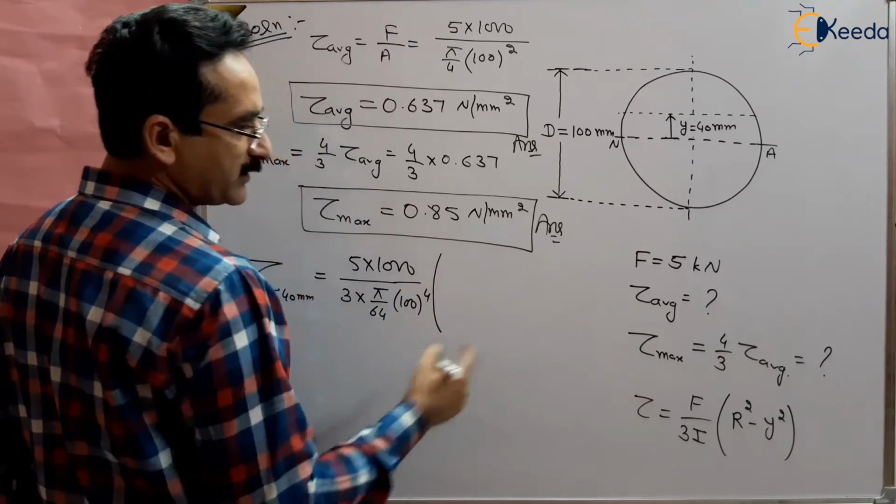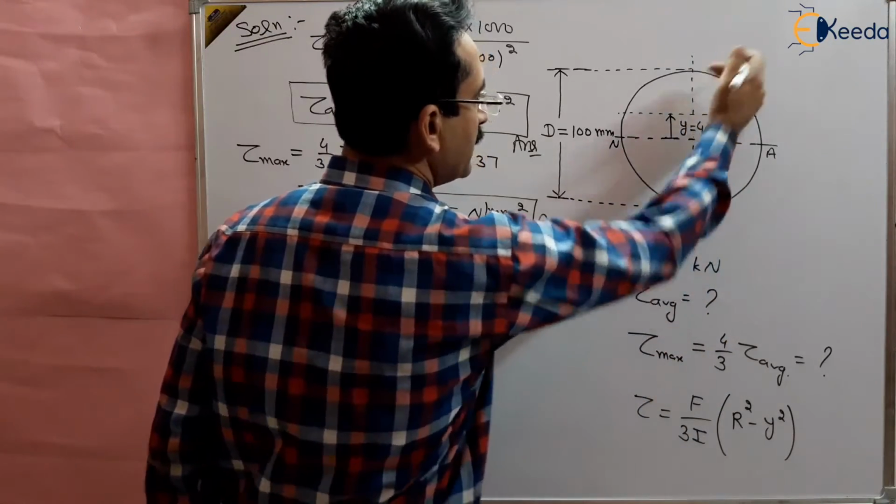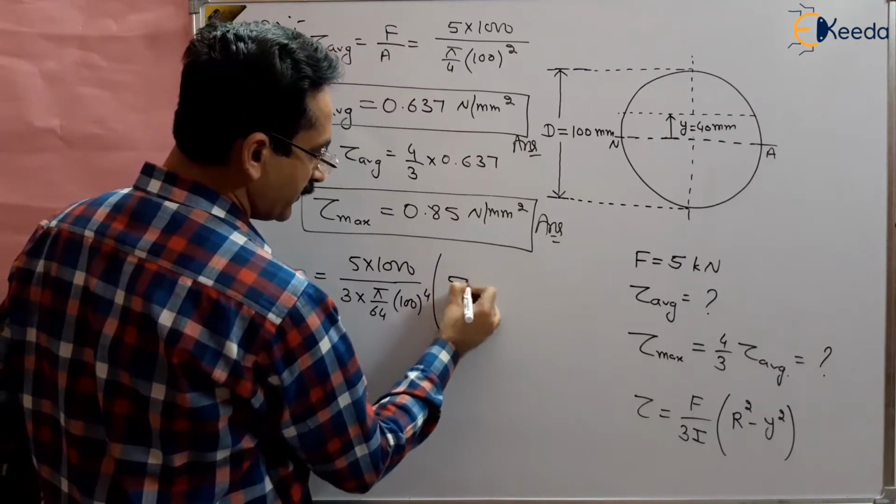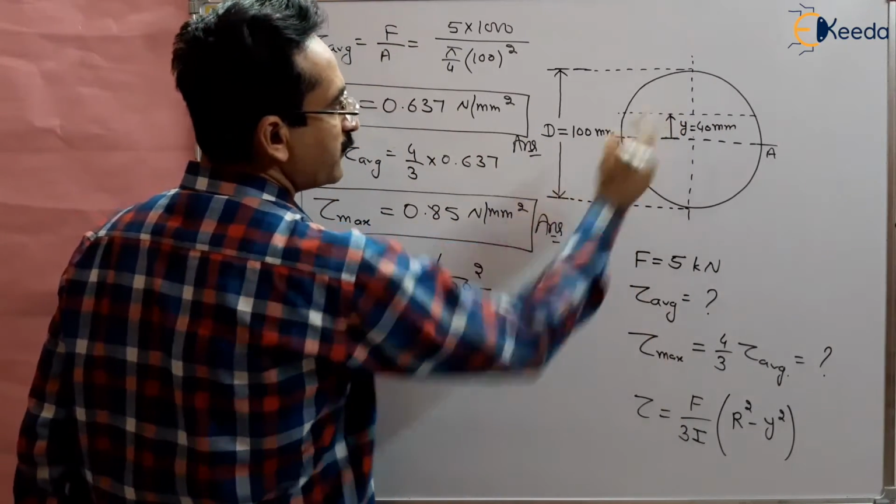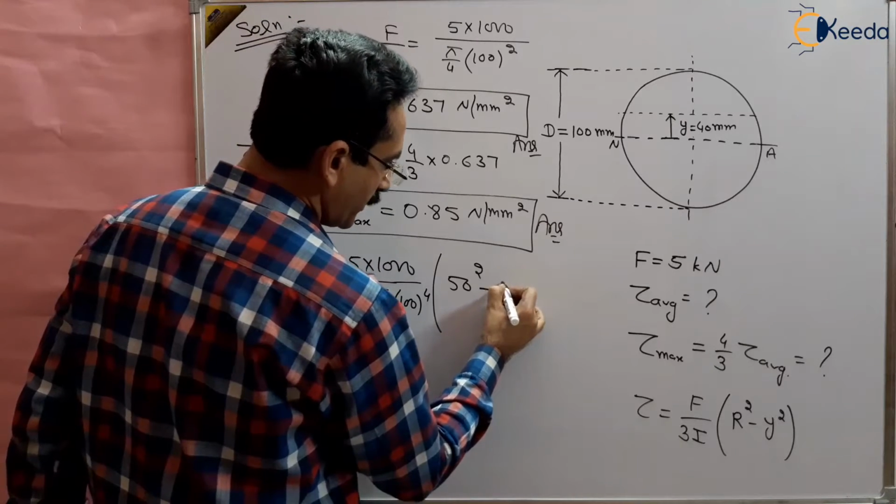So r square, what is r? It is the radius, the maximum outer fiber radius, that is 50 mm. So this is 50 square minus y, which is 40 mm, so 40 square.